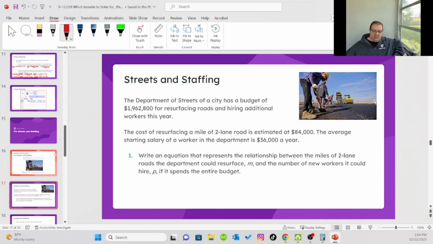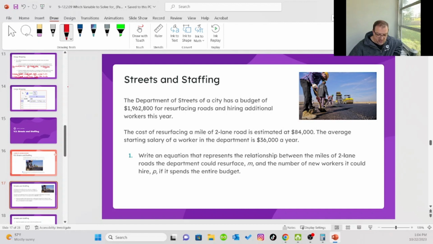The average starting salary of a worker in the department is $36,000 a year. Write an equation that represents the relationship between the miles of two-lane roads the department could resurface M and the number of new workers it could hire P if it spends the entire budget.